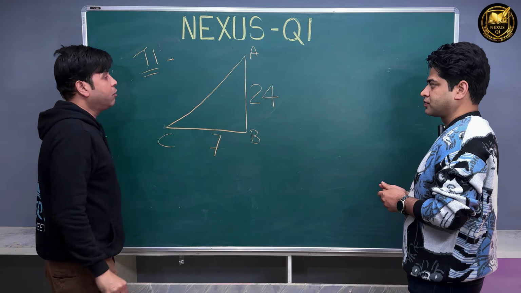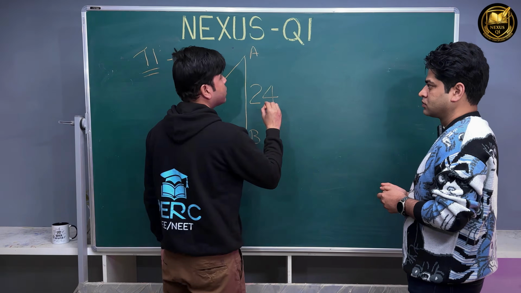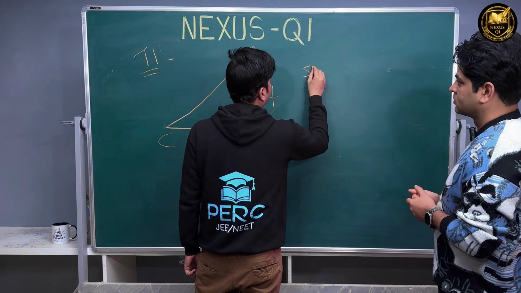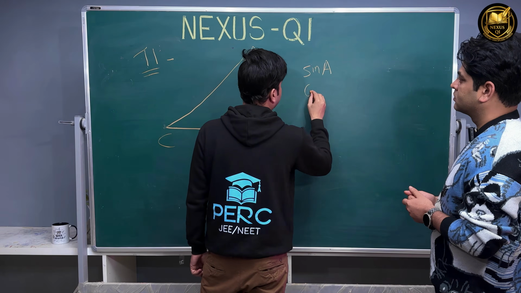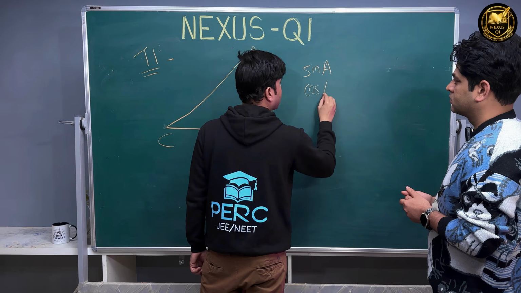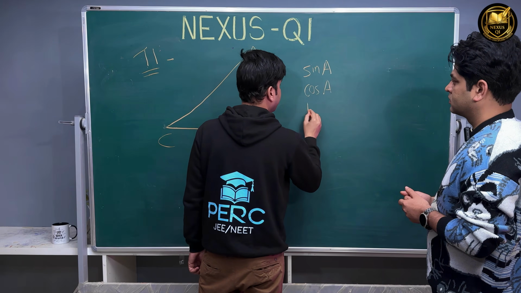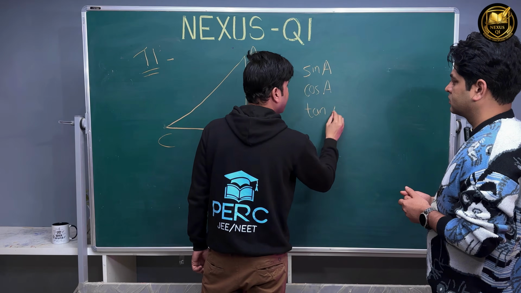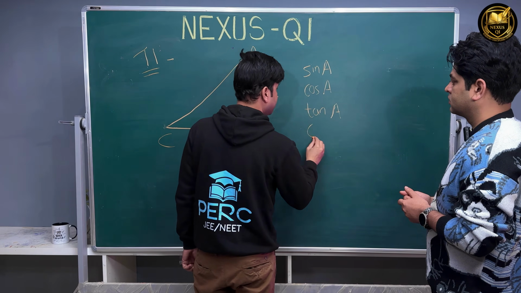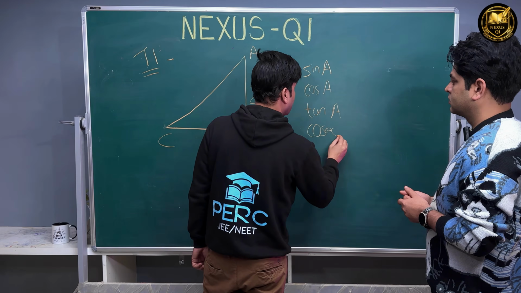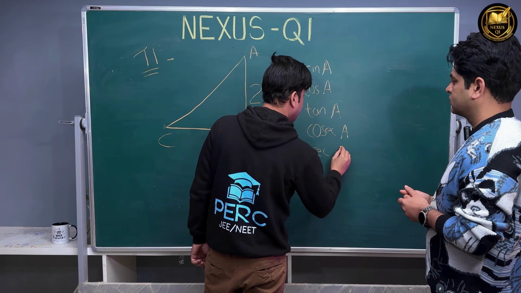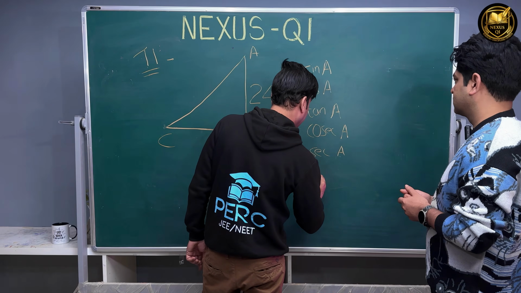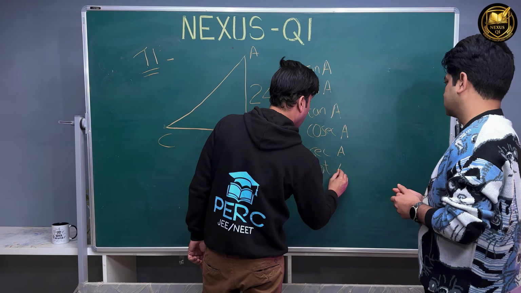The question says find the value of all six ratios: sine of angle A, cos of angle A, tan of angle A, cosec of angle A, sec of angle A, and last cot of angle A.